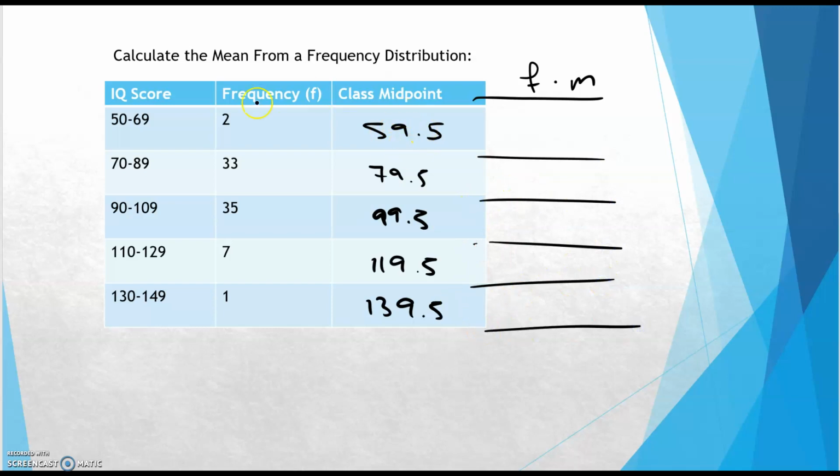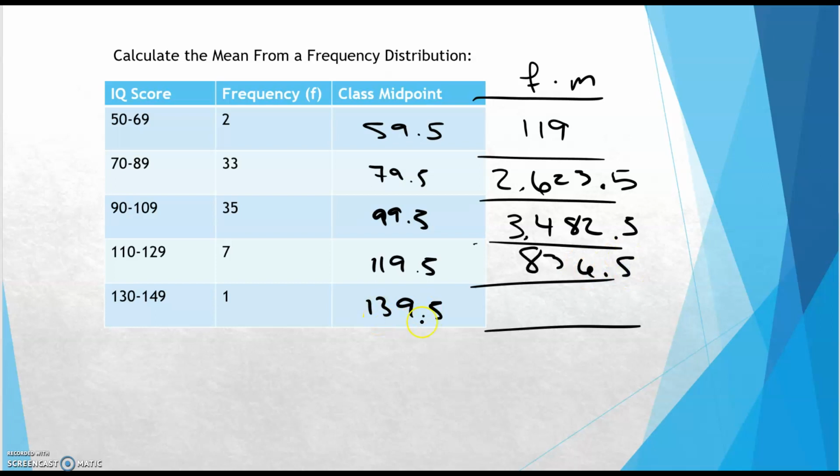So 59.5 times 2 would be 119. 79.5 times 33 will be 2,623.5. 99.5 times 35 will be 3,482.5. And then 119.5 times 7 will be 836.5. And then 139.5 times 1 will just be itself.